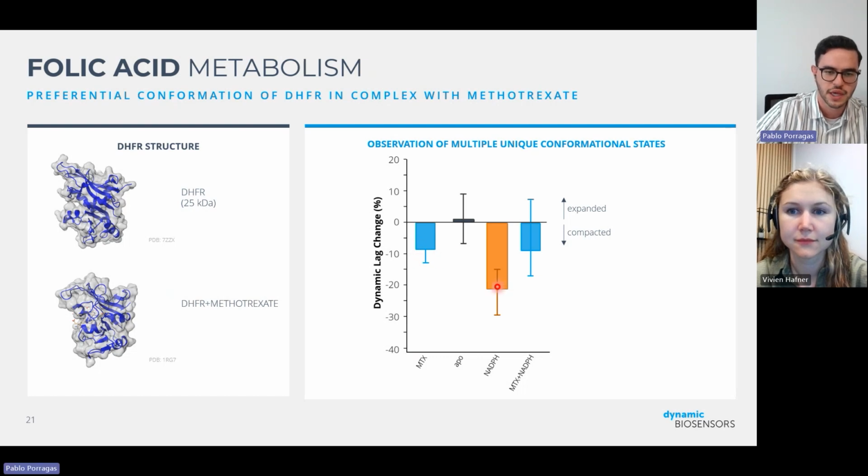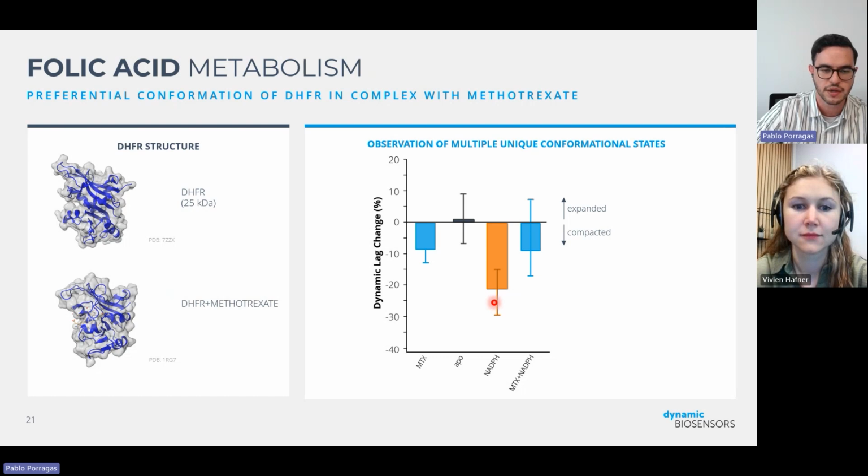However, when we inject NADPH, we see a much larger conformational change in the compaction of the protein, which is exactly what we expect from the data that's been measured previously in literature and corresponds very well to the story that we're building here.